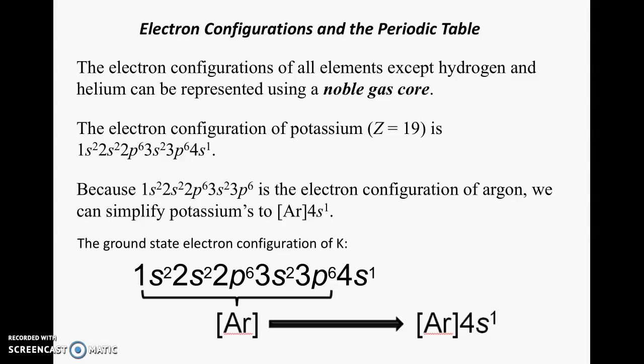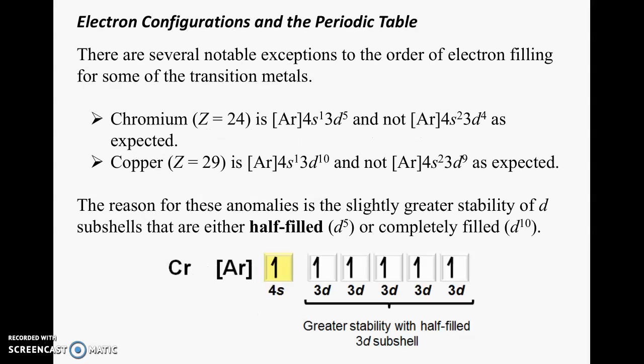In this case, potassium has 19 electrons, and that wraps around to a 4s1. Potassium is an alkali metal, and since the first part, 1s2, 2s2, 2p6, 3s2, 3p6, is the electronic configuration of argon, we can just write argon in a bracket and then put the 4s1. It's just a shorthand that makes it a little bit easier to write those electron configurations.